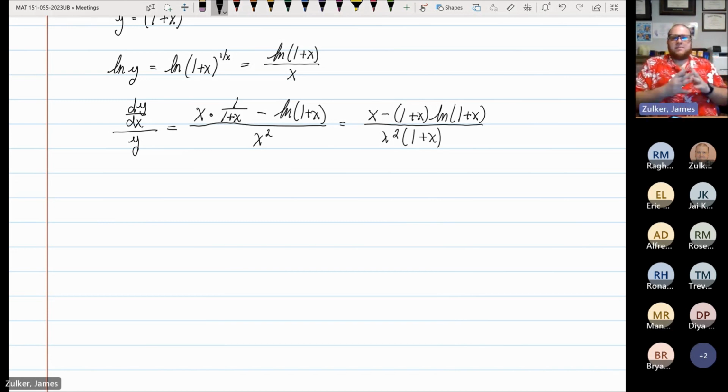I just simplify it. I just multiplied numerator and denominator by the 1 plus x.